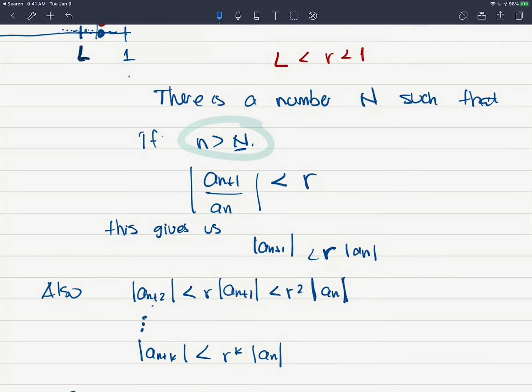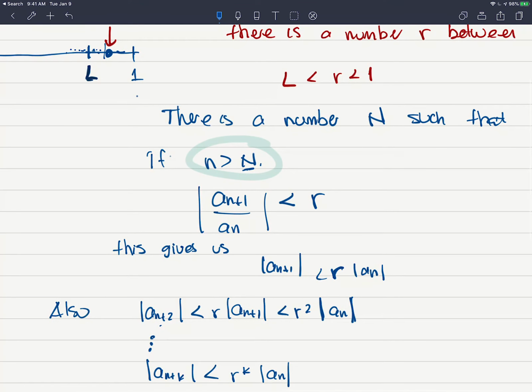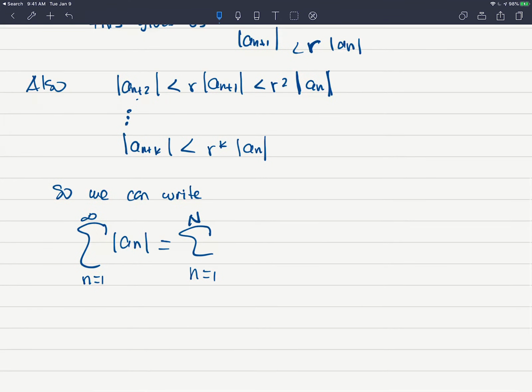This N, where it starts getting less than r, that quotient, okay? So from 1 to N of these, and then start from, I'm going to change the index here, k equals 1 to infinity of the a_{N+k}, okay?